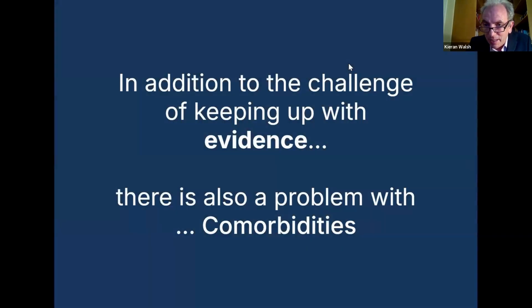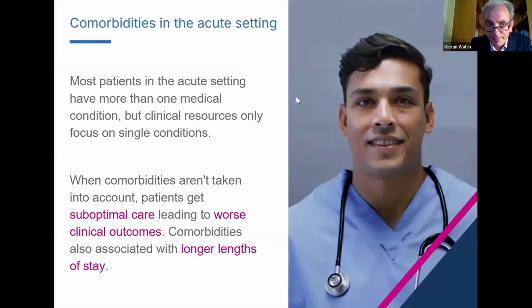As well as the challenge of keeping up with the evidence base and learning how to manage patients with single conditions in an evidence-based way, there's also a challenge of managing patients with more than one condition, so-called comorbidities. This is important for a number of reasons.